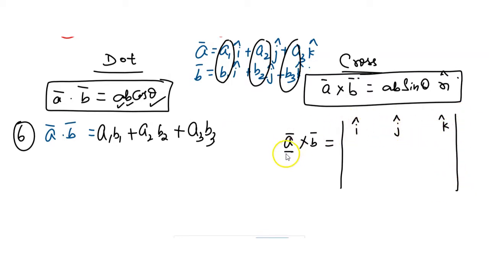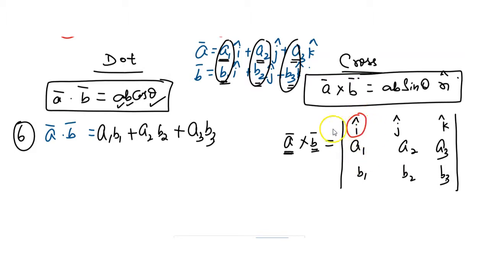Now first is a vector, so I will write all the coefficients of i, j and k: a1, a2, a3. Similarly, I'll write all the coefficients for b: b1, b2, b3.